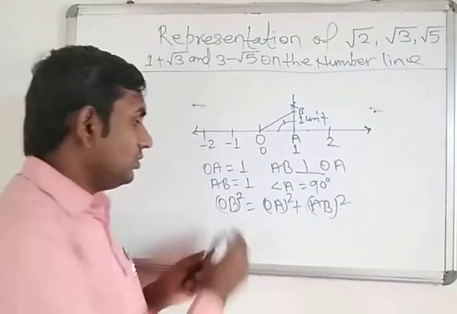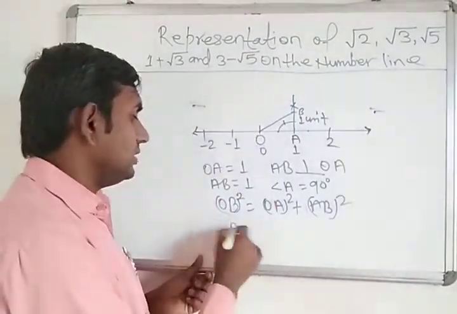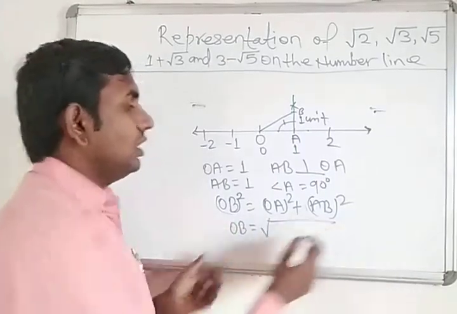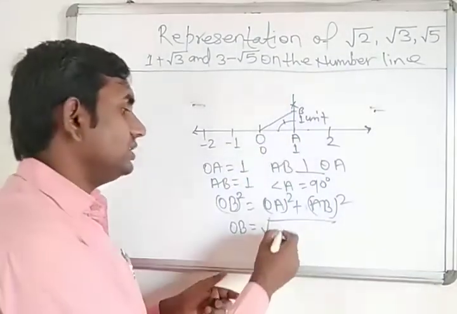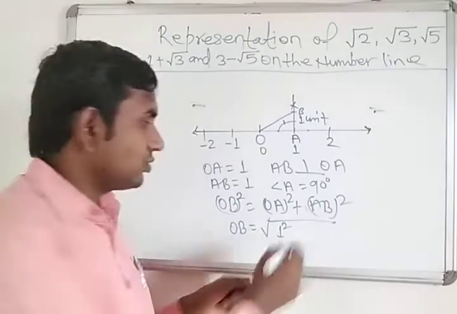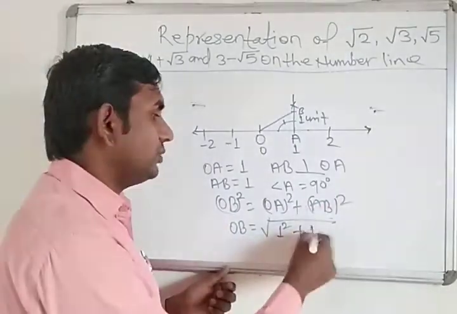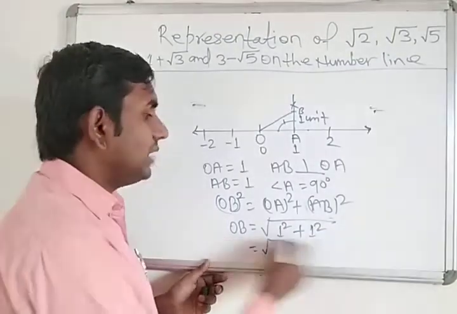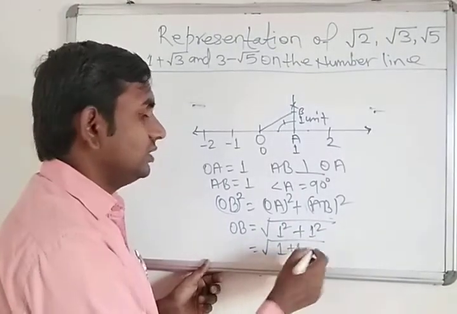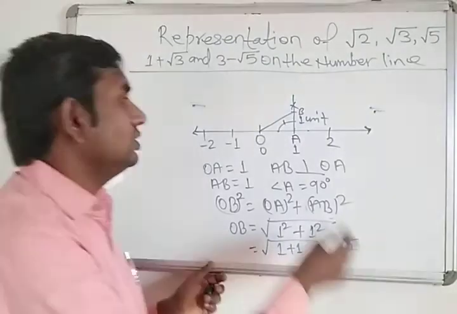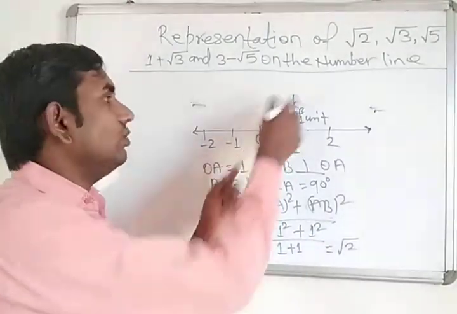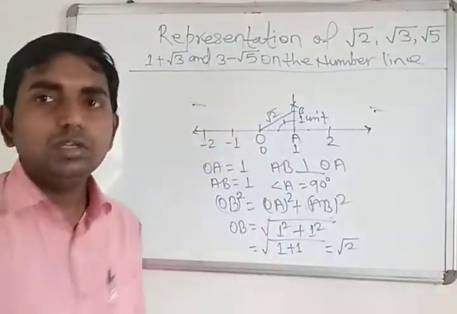To find the length of OB, it is equal to under root of 1 square plus 1 square, as the lengths of OA and AB are both 1 unit. After squaring we have 1 plus 1, that is equal to under root 2. So it is clear that the length of OB is equal to under root 2.